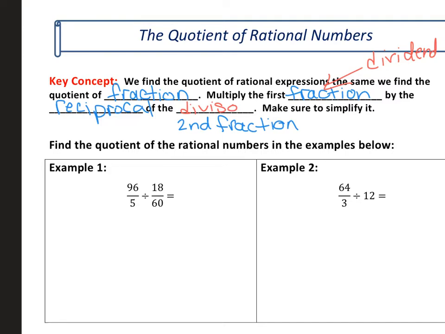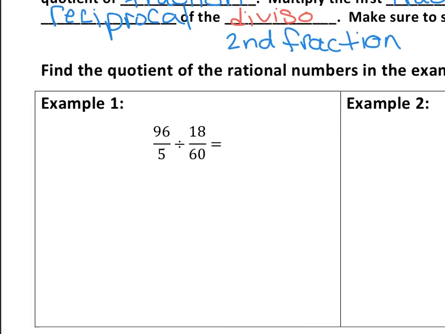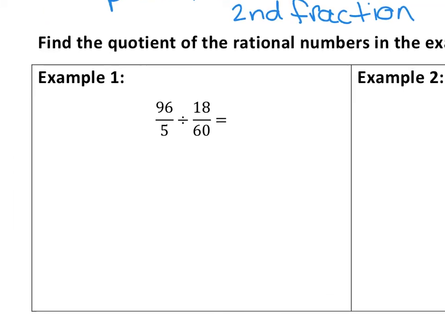Okay, so first, let's take a look at just pure rational numbers here. I have 96 fifths divided by 18 sixtieths. So if we want to look at that, the first thing I'm going to start to do is break down some of the numbers so I can simplify easier. 96, I think of 12 times 8 over 5.